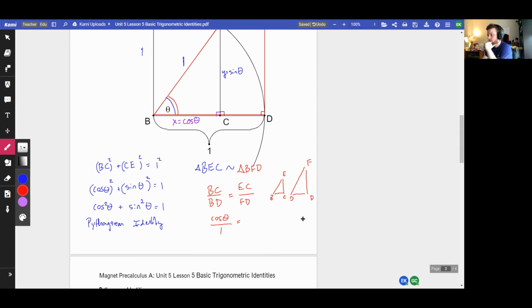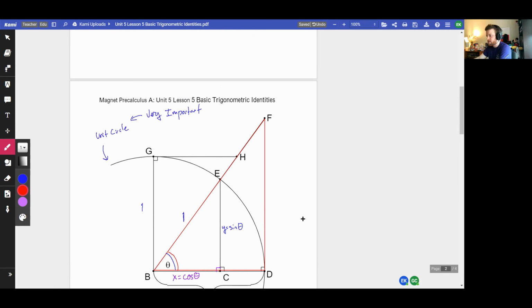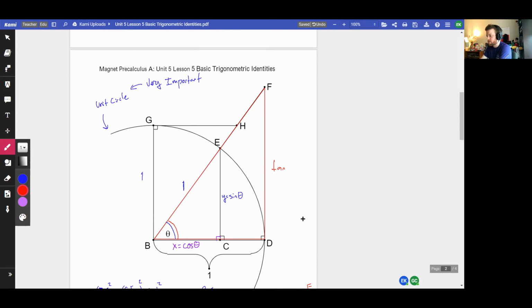EC is sine. And FD is what we're looking for. Moving things around, I believe we get FD is equal to sine over cosine. Isn't that nice? That's tangent. FD, that's tangent theta.